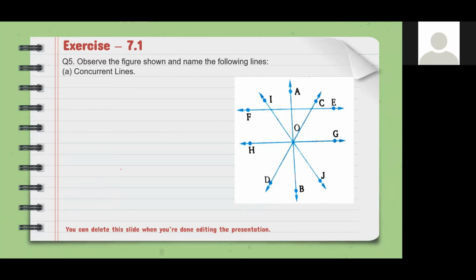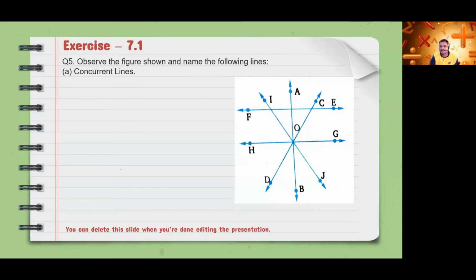When four or more lines intersect each other, three or more than three, not four. It should be three. When three or more lines intersect each other at a single point, they are known as concurrent lines.